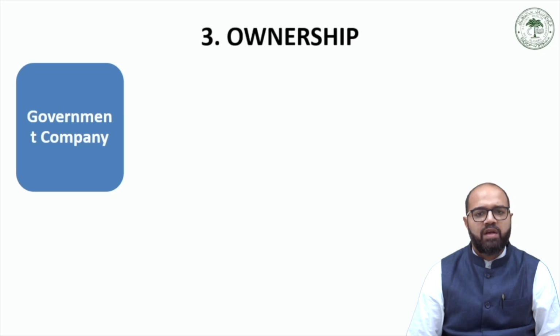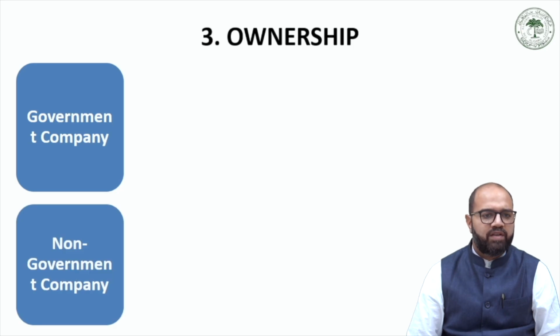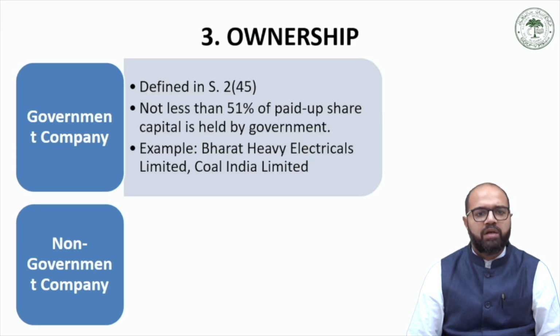On the basis of this classification, firstly, we have government company, and secondly, we have a non-government company. Now we shall be taking up both these two kinds of companies in some detail. A government company is a company that is defined under Section 2, Subclause 45 of the Companies Act 2013.